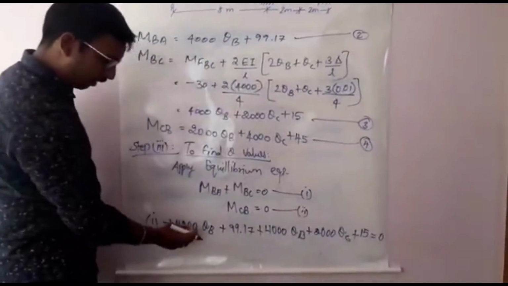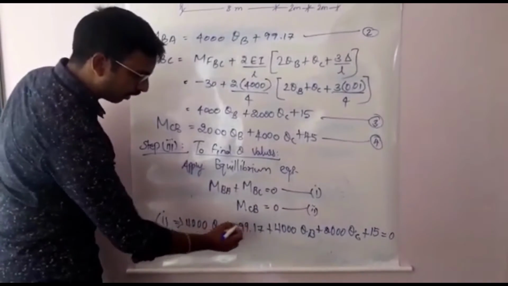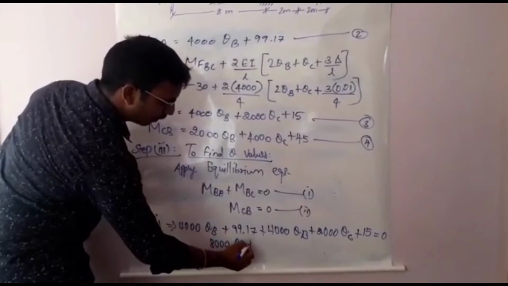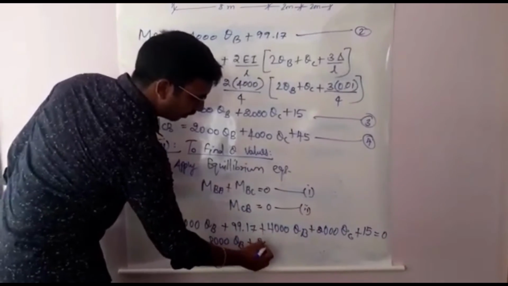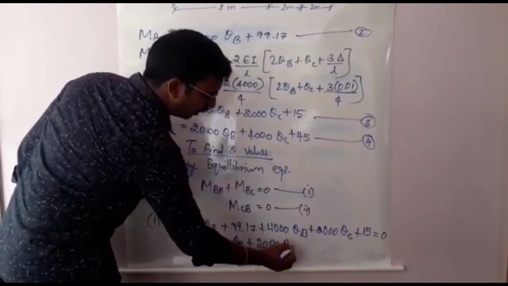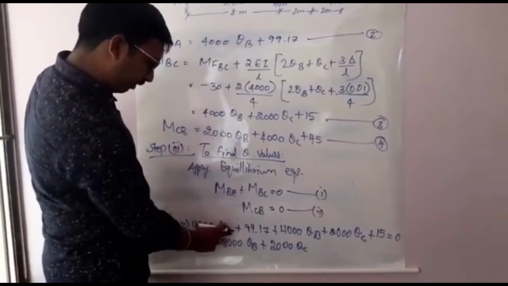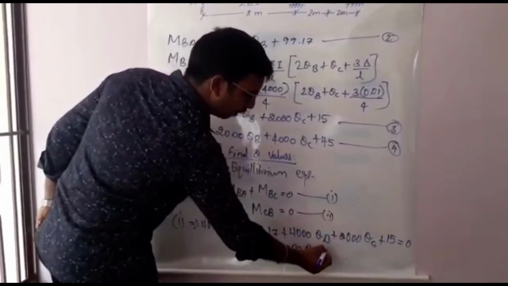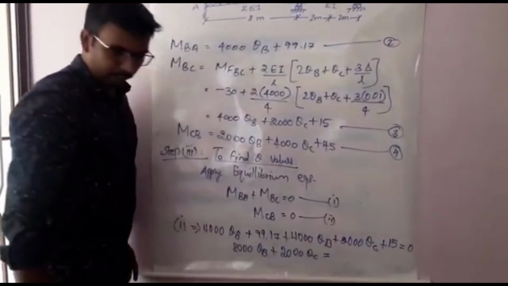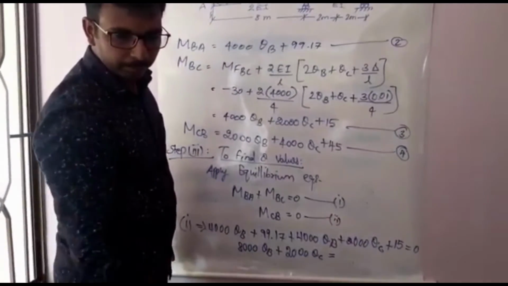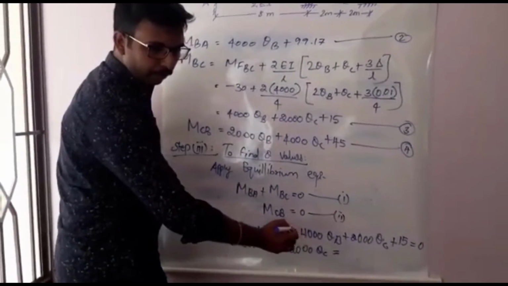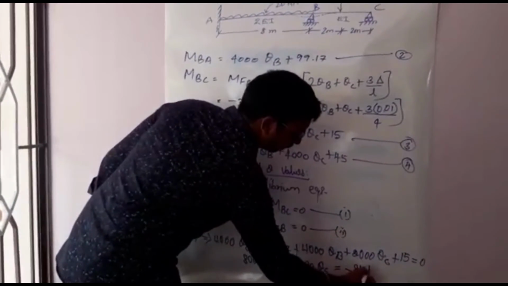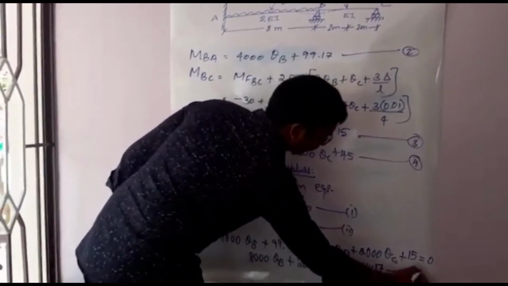Then you can club the theta B values: 8000 theta B plus only one theta C value, 2000 theta C. You have to add plus 99.17 plus 15 and move it to the other side. You will get minus 84.17. This is the fifth equation.